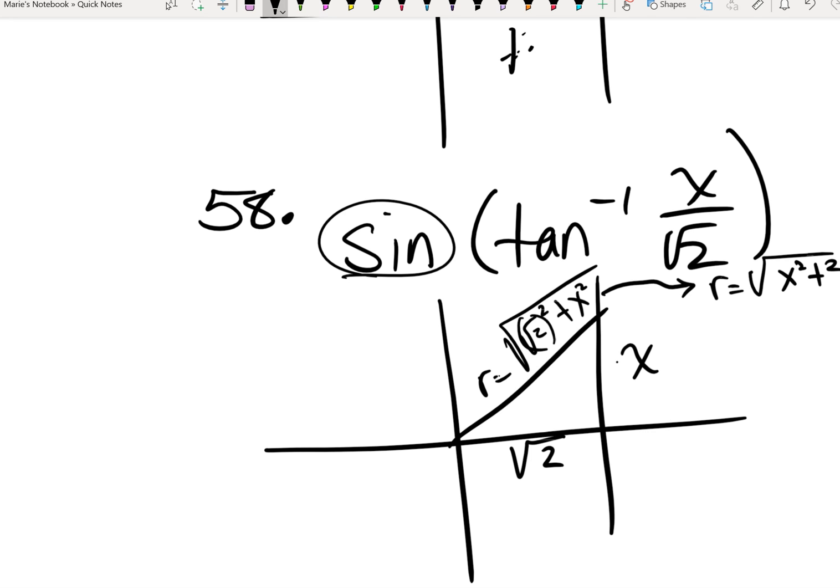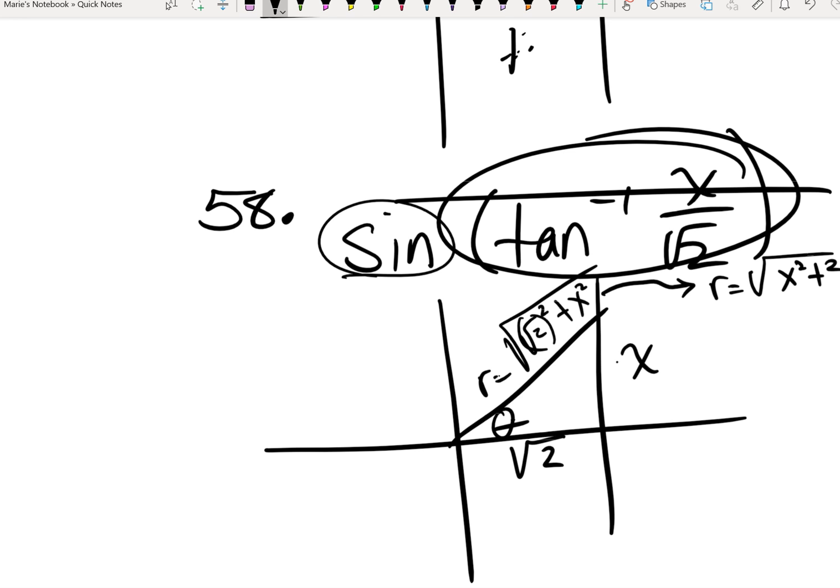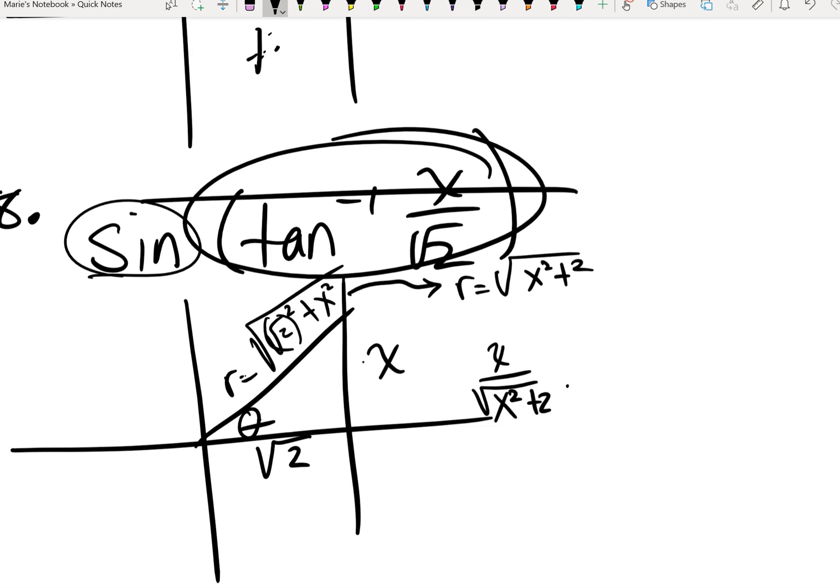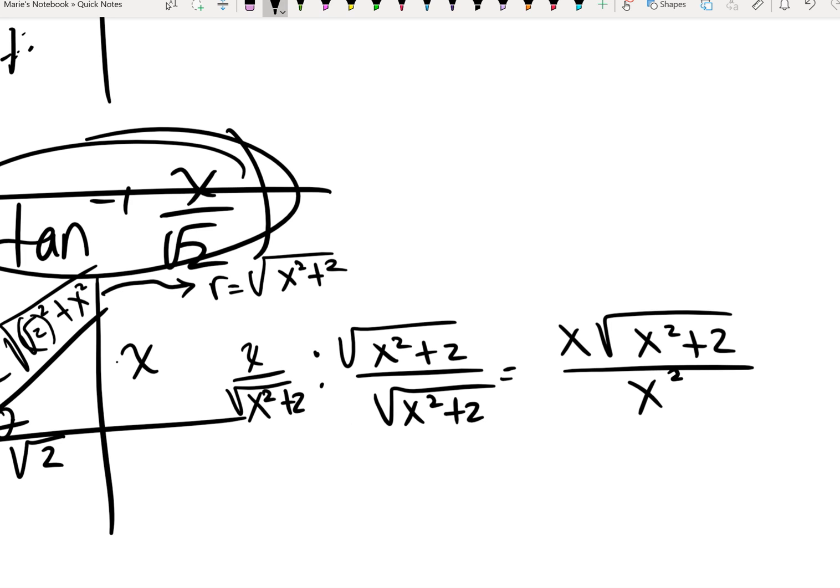And if I'm doing the theta here, the sine of that value is going to give you x over the square root of x squared plus 2, which you have to now multiply top and bottom by the square root of x squared plus 2. And so that gives you x square root x squared plus 2 over x squared plus 2.